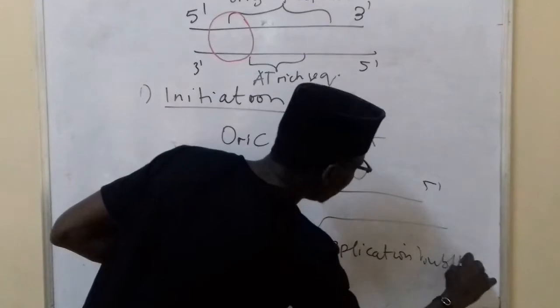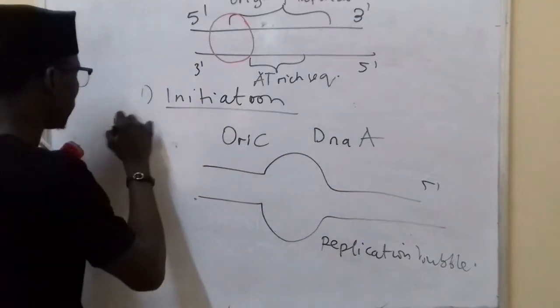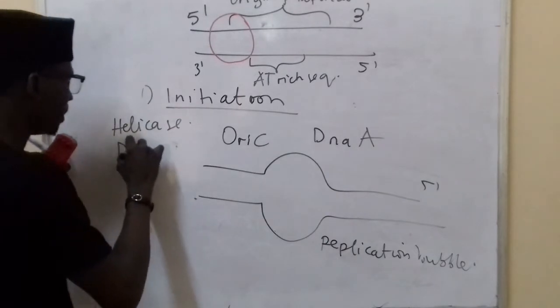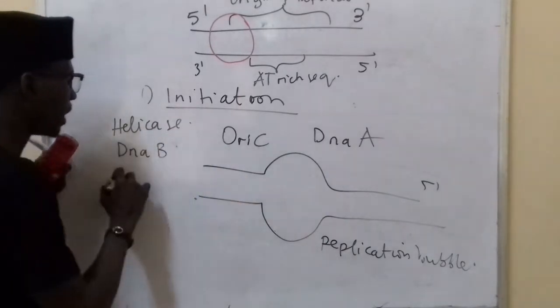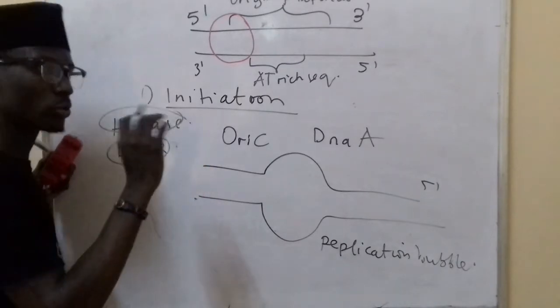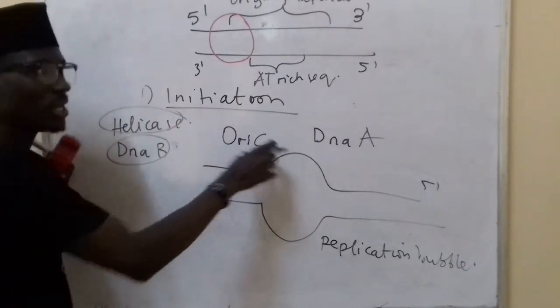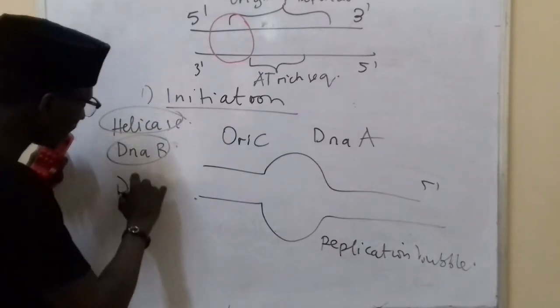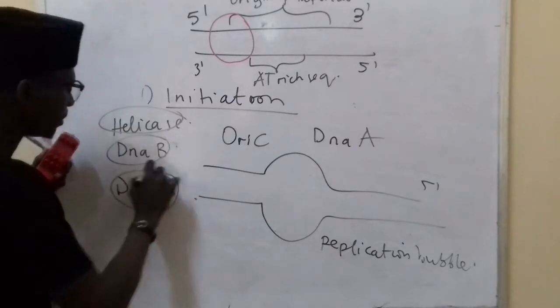Now, the next thing we notice, there is a protein called helicase. Helicase is DnaB in Escherichia coli, and there is a certain protein that helps to load the helicase. It's called the helicase loading protein, also known as DnaC.